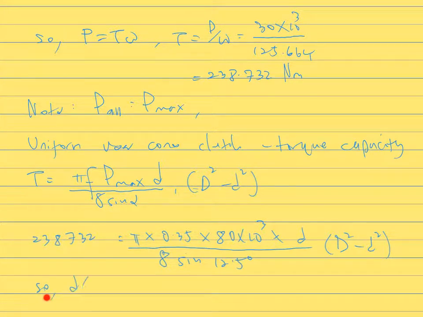So simplify: inner diameter times the major diameter square minus inner diameter square is equal to 4.699 power negative 3 meter. So this we assume as equation number 2.